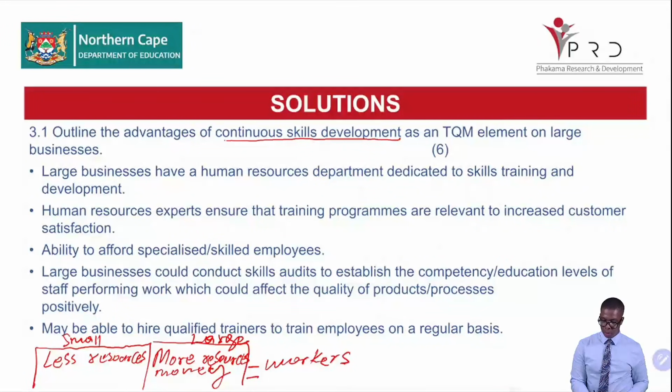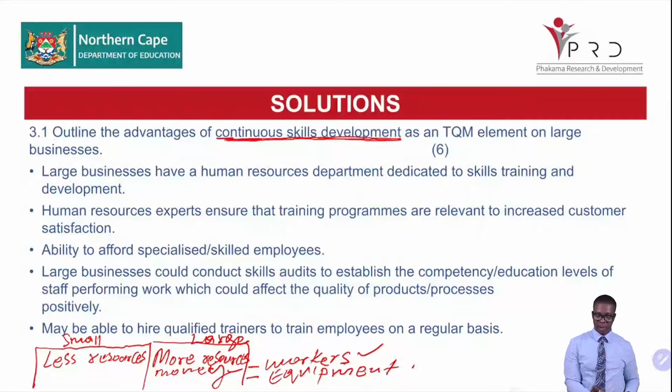So it has more equipment. So because it has more workers, it has more money, then they have an advantage in doing continuous skills development. It is easy for a large business to do continuous skills development.